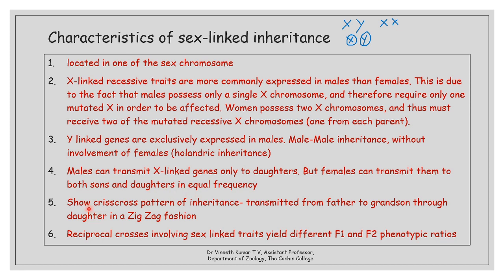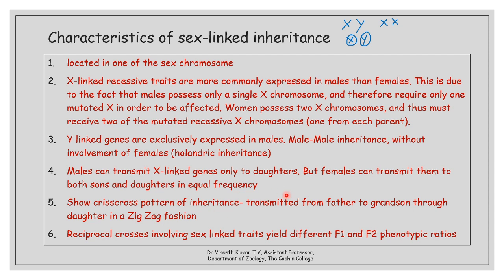X-linked genes show a pattern of inheritance which is called criss-cross inheritance. Criss-cross inheritance in the sense that these genes are transmitted from the father to the grandson through the daughter in a zigzag fashion. So we'll discuss that in detail in the next session.